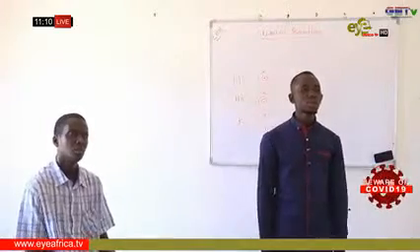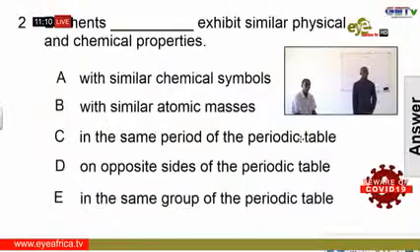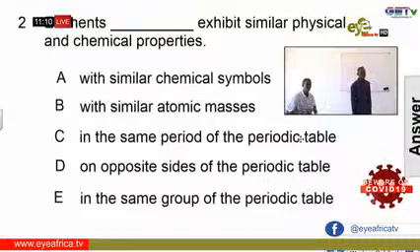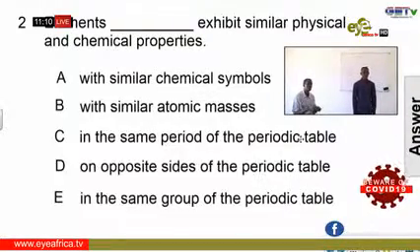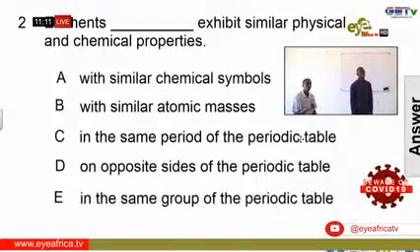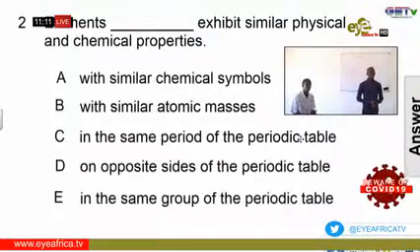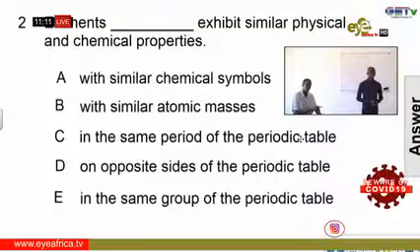Now we move to number 2, and it reads elements that exhibit similar physical and chemical properties. It's A, with similar chemical symbols, B, with similar atomic masses, C, in the same period of the periodic table, D, on opposite sides of the periodic table, and E, in the same group of the periodic table.